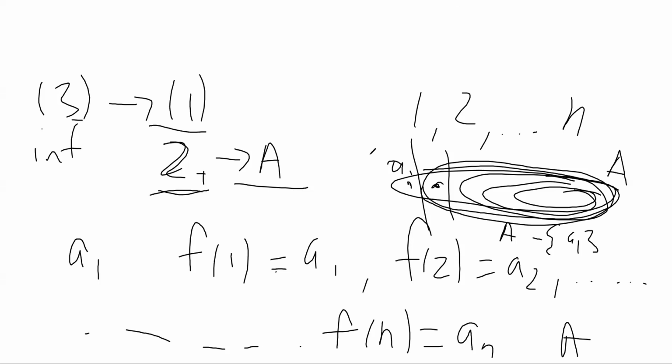But now let's see if we can try to formulate it more formally, right? How about we write something like, we define a function f1 to be a1, where a1 is just some randomly chosen element.